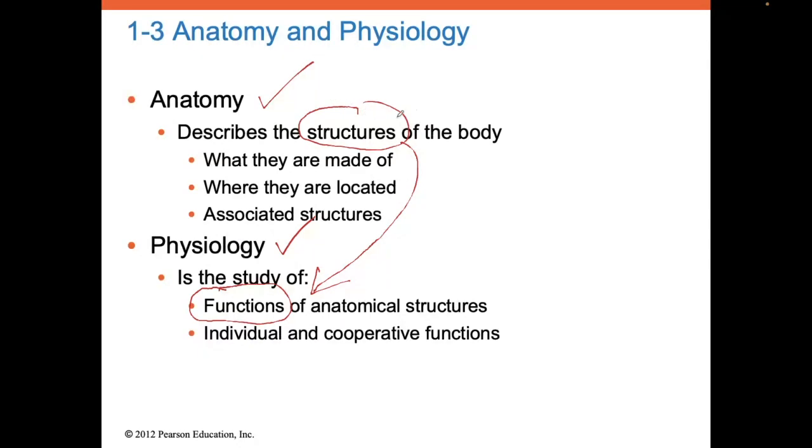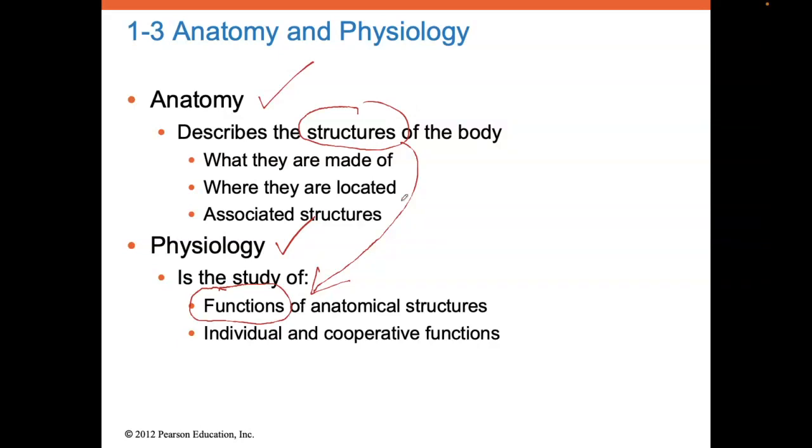We could look at structure by doing dissection. We could look at structure by looking at x-rays. We could look at structure by doing cadaver studies, by doing MRIs, CAT scans. Physiology is how things function.